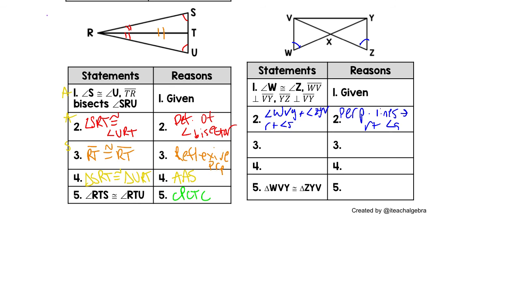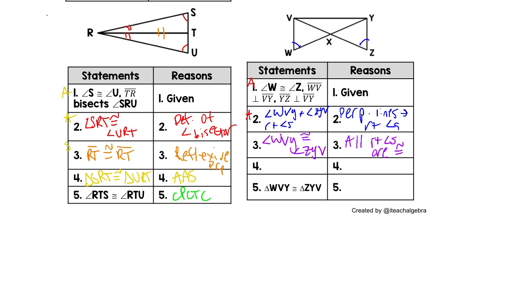Now we can say what seems really, really obvious, that if we have angle WVY, it has to be congruent to angle ZYV because all right angles are congruent. That's a duh to me. Here we have an angle and an angle.